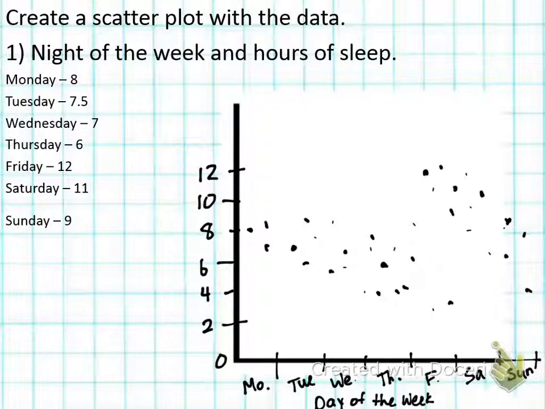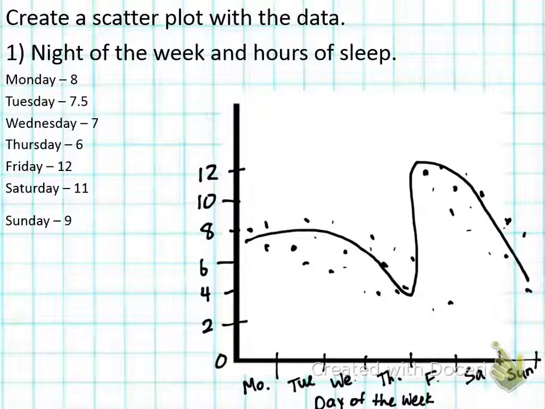On Mondays, you could see a trend going from here all the way down and then jumping up on Fridays, and I go back down, right? Do y'all see that trend line week after week? So when I plot all this data week after week, you can see the dots kind of clumped together. Do y'all see that? And sometimes the dots don't clump together. So, what's the relationship between the day of the week and the hours? What do you notice?